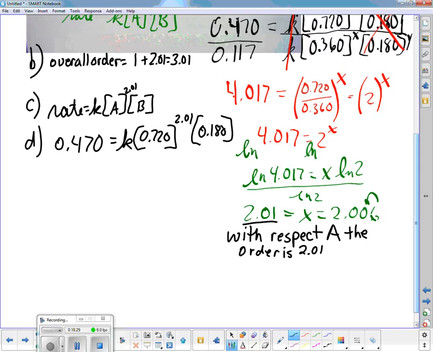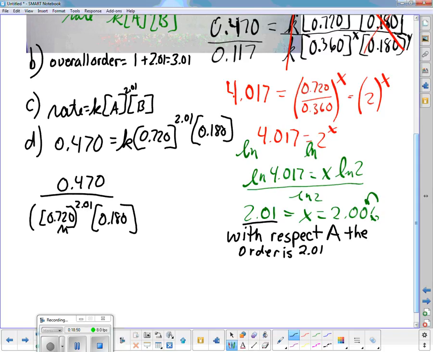Okay, so here we go. We're just plugging this in. So we're going to get 0.470 divided by the quantity 0.720 to the 2.01 times 0.180. These are molarities over here.